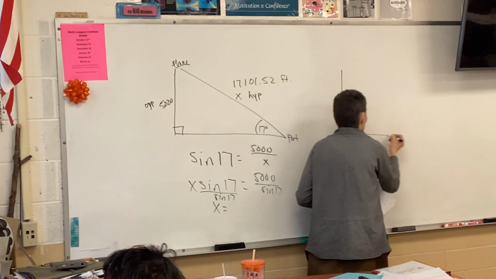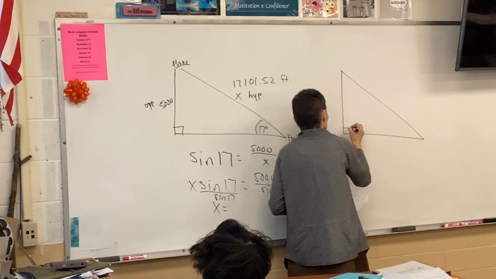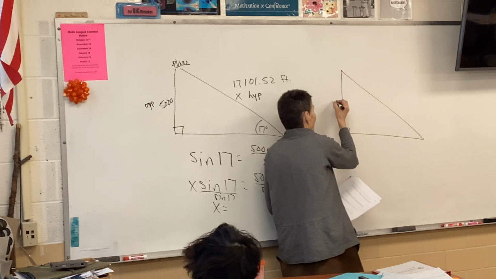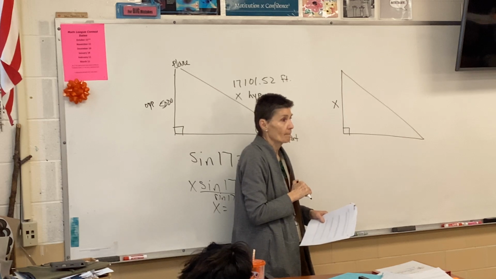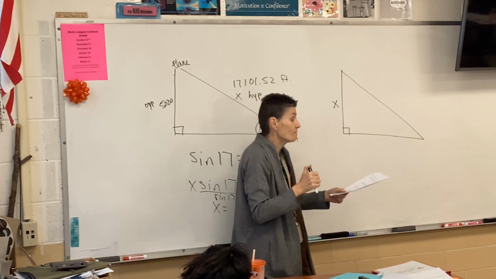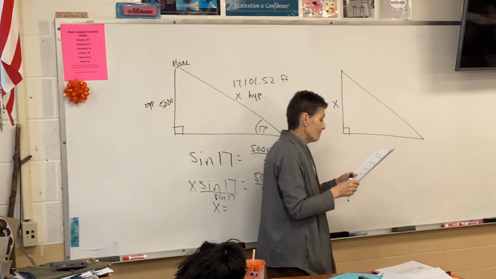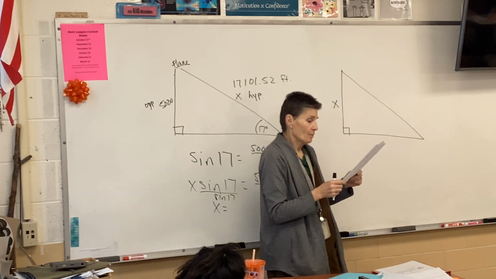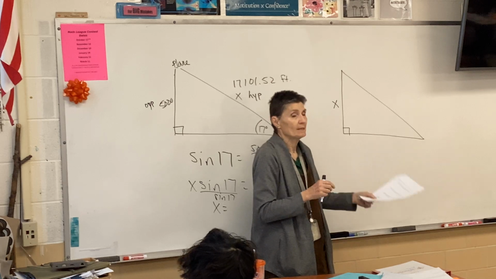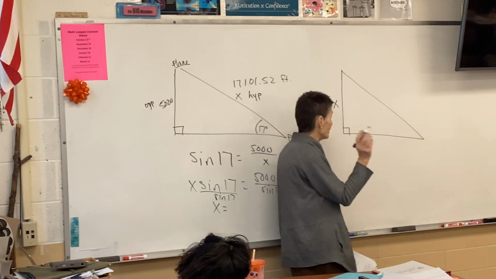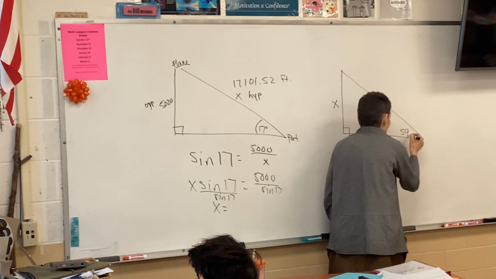Find the height of a flagpole. So now we got a flagpole. Here's the flagpole. Find the height of the flagpole. So it's X, that's what I'm finding. It makes a shadow 13 feet long when the angle of elevation is 59 degrees. So we know that 59 is gonna go right here, right?